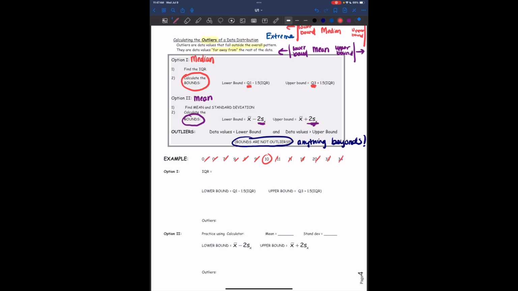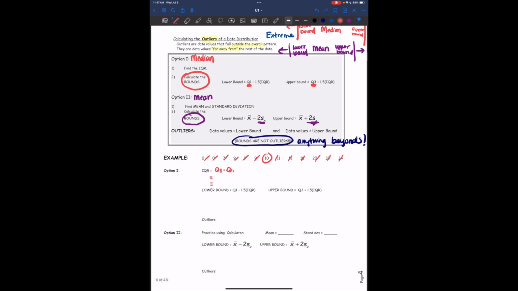Good, because for our IQR, the formula is Q3 minus Q1. I'd have to plug in the numbers and get the answer for what the IQR is first, right? So I'm going to go through here and see if I can find those things.